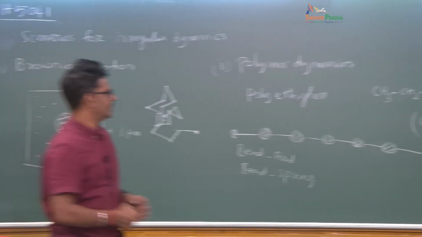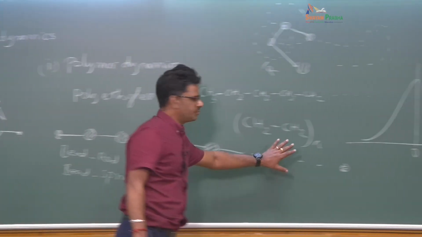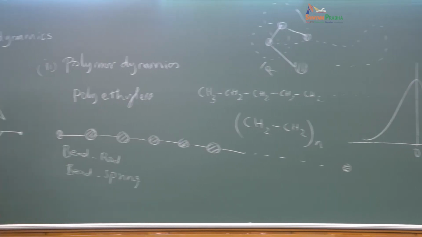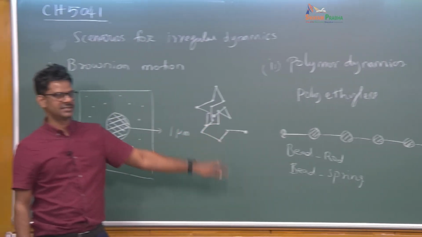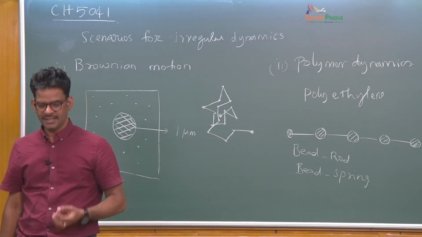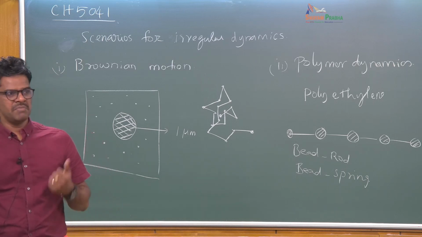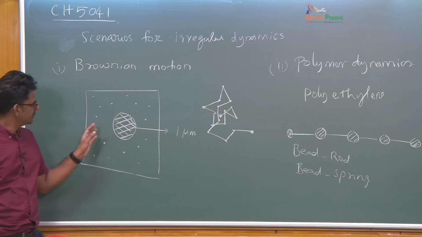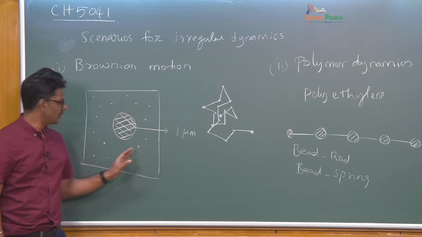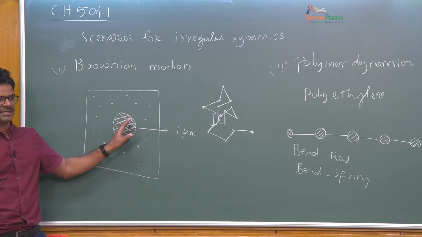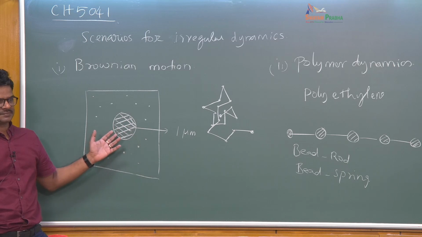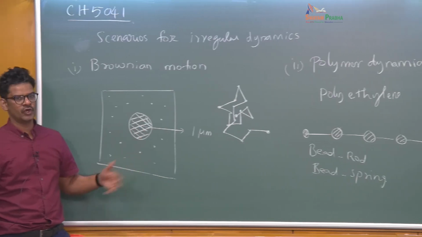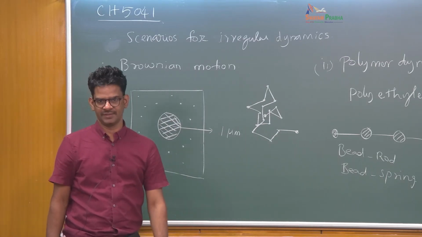So the point I'm trying to make here is that in both cases, the observation that we want to make is being affected by many independent random variables. In this case, the multitude of collisions of the solvent molecules with the particle gives a net effect to the particle. Okay, the dynamics of this particle is going to be influenced by this net effect.